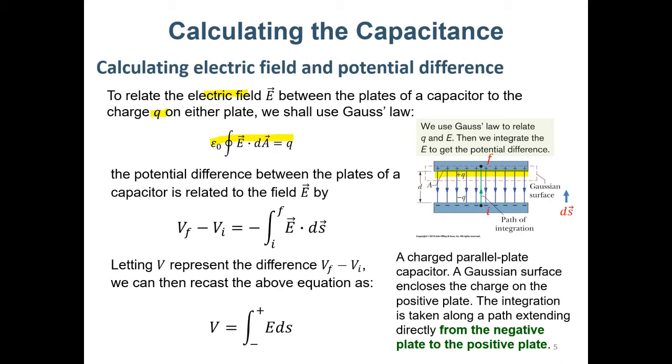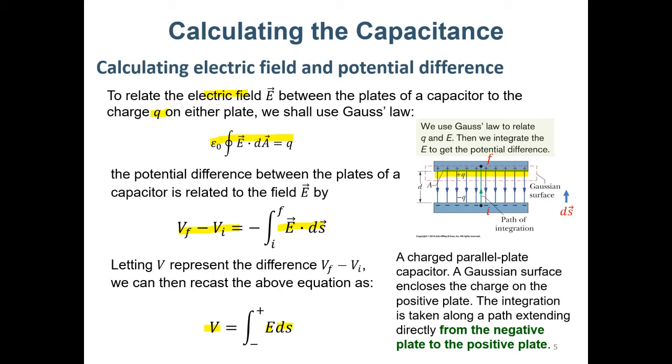So from the previous chapter, we know that the voltage difference is the negative of this line integral. And we can rewrite it like this. The voltage difference, which is usually defined as a positive value, is the integral of E times dx.